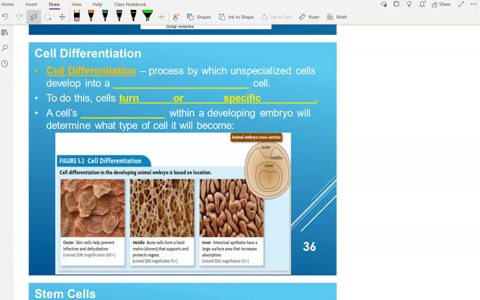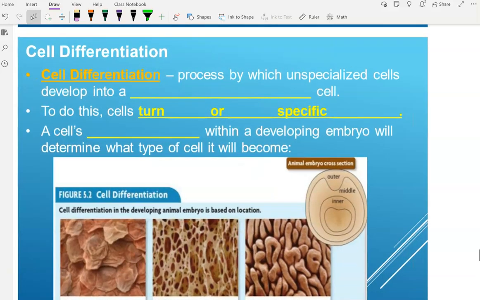And in terms of getting a little bit more specific with this, we can also talk about cell differentiation, which is when these cells are dividing, they are becoming specific types of cells. So cell differentiation is the process by which an unspecialized cell, so a cell that's kind of like a blank slate, develops into a specialized cell.